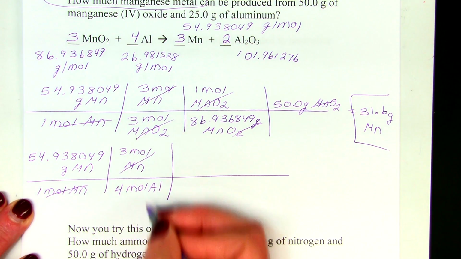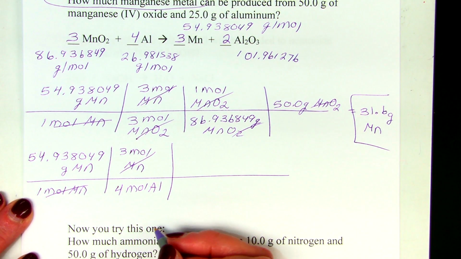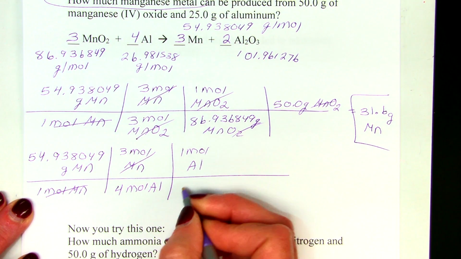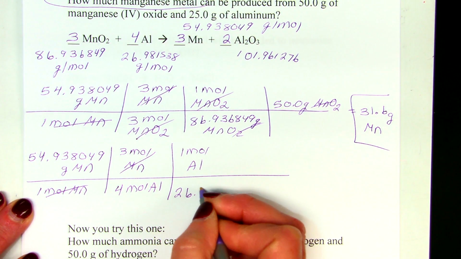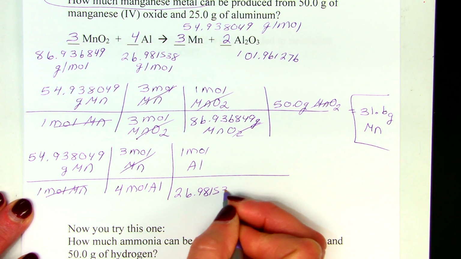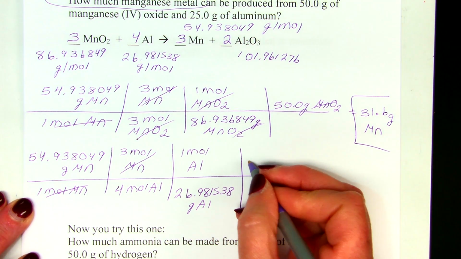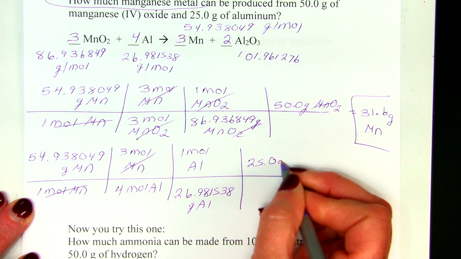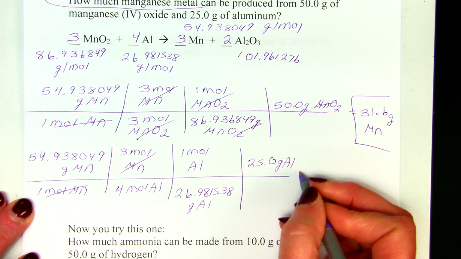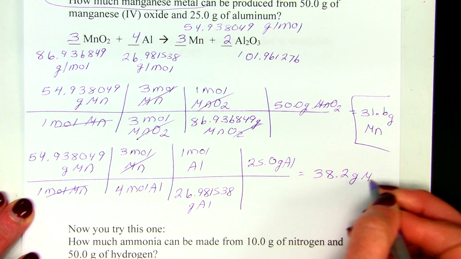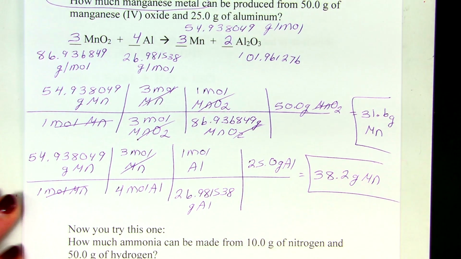So I've canceled moles of manganese. Look at my aluminum. 1 mole of aluminum has a mass of 26.981538 grams of aluminum, and I know that I have 25.0 grams of aluminum, so I get 38.2 grams of manganese.